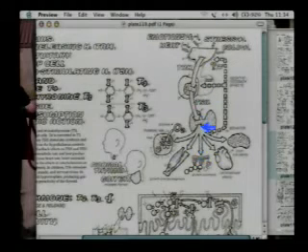Thyroid hormone is under the control of TSH. TSH, remember, is a hormone from the anterior pituitary. That hormone is under the control of thyrotropin-releasing hormone, TRH, from the hypothalamus. So the ultimate stimulus for the release of thyroid hormone has to do with input stress.